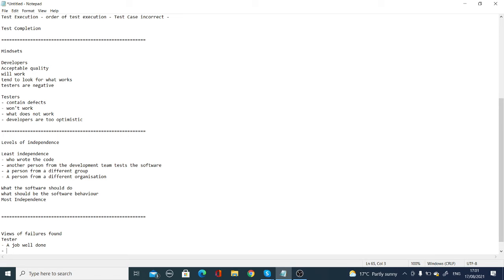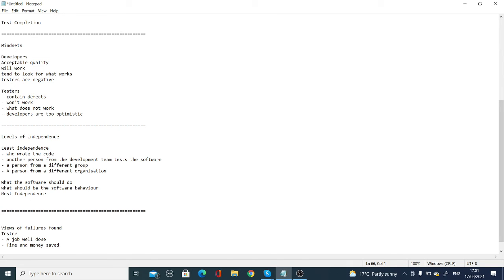Time and money saved. If the same defect is found after the software has been released or in production, it will cost you more money and time. So whenever we find a defect, it saves time and money and it reduces the risk.